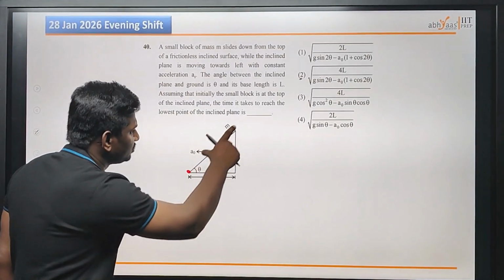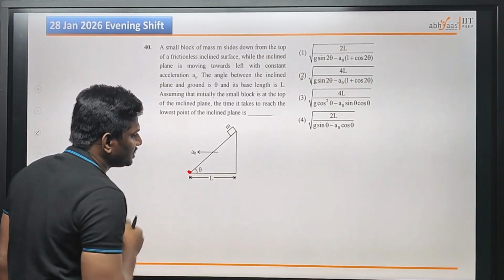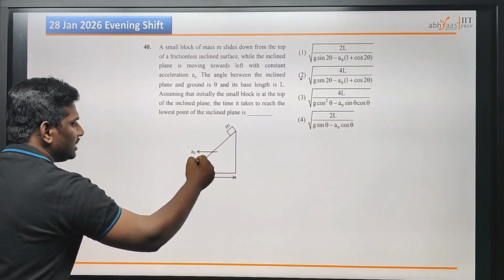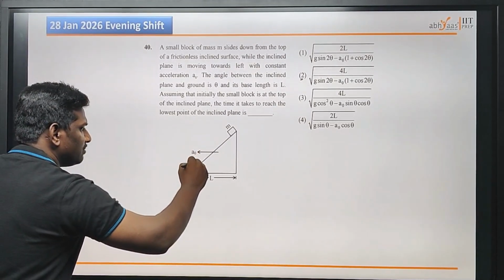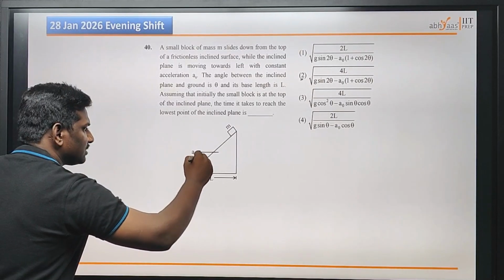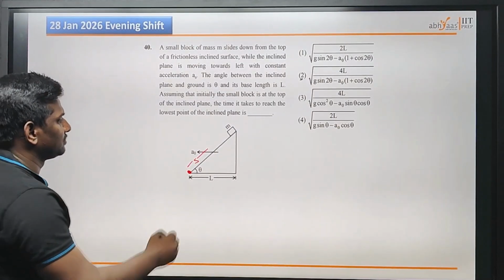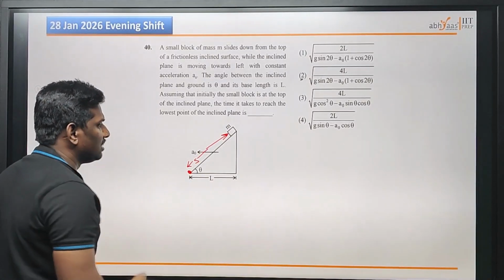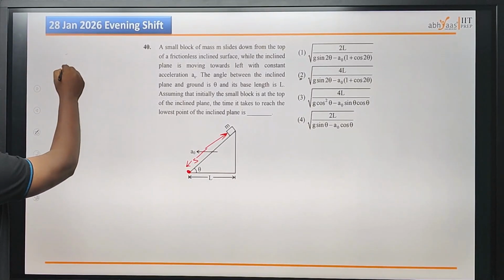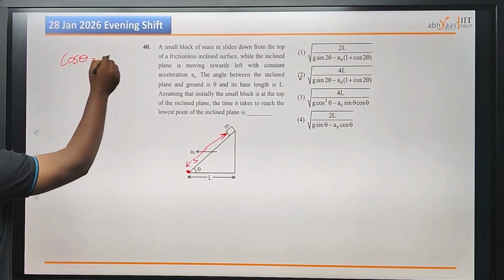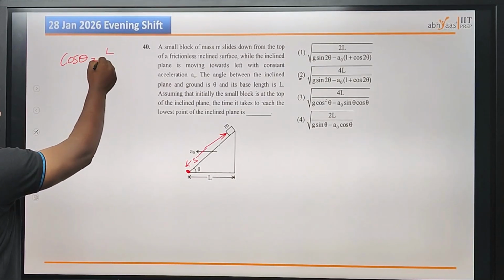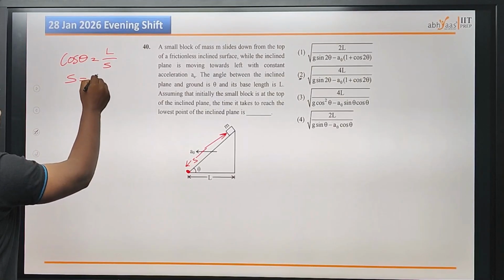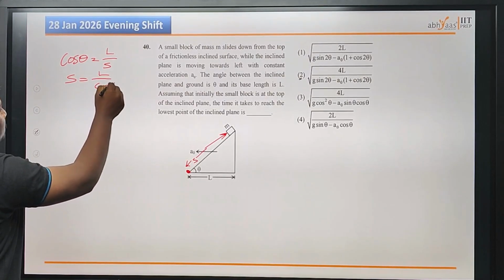What is the total distance? Let the total length along the incline be S, and the base is L. What is cos theta? Cos theta can be written as L by S, so S can be written as L by cos theta.